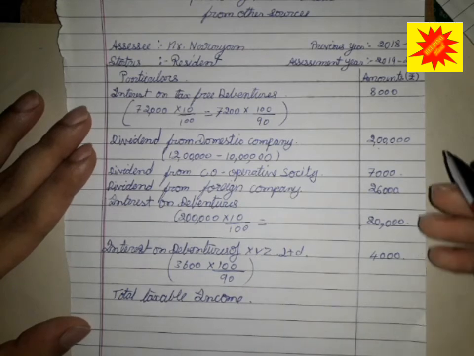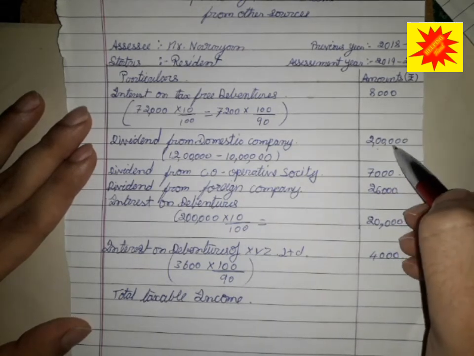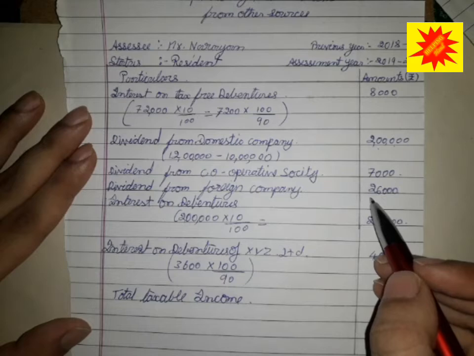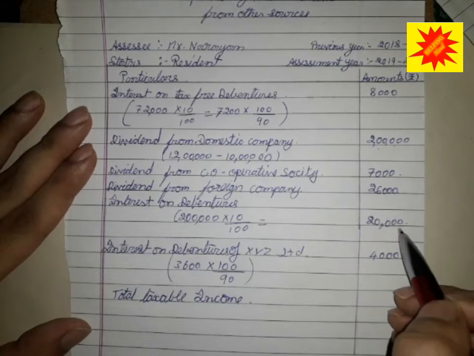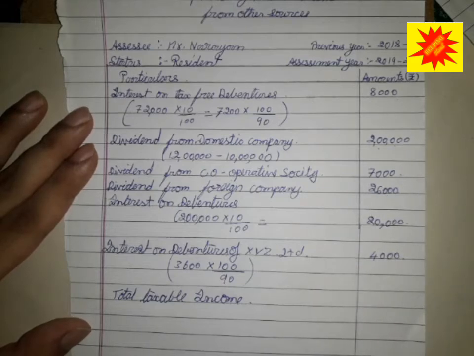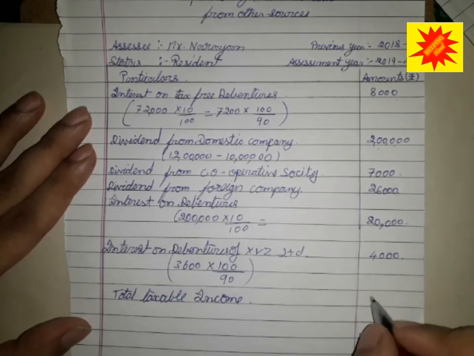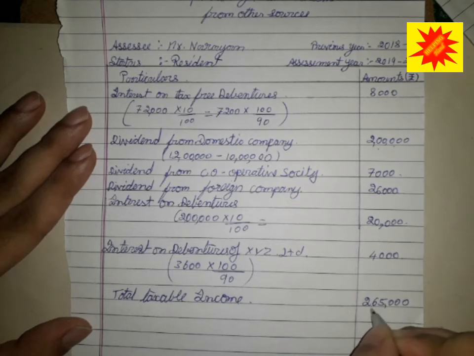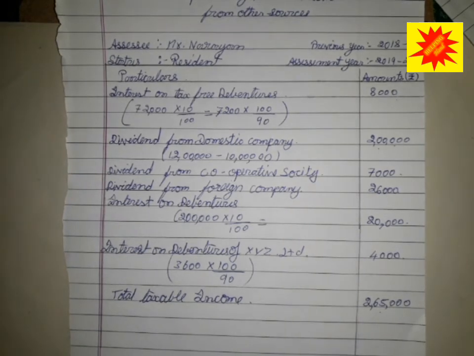How much is it? 8,000 plus 2 lakh plus 7,000 plus 26,000 plus 20,000 plus 4,000, which will give you 2,65,000. Right. So that is your total taxable income.